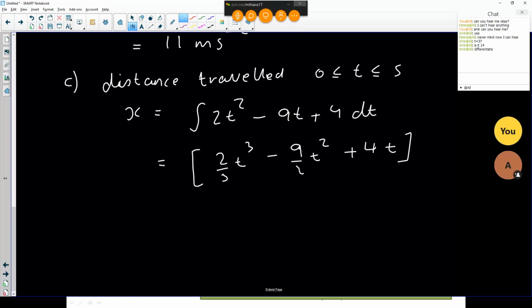That is my expression for the definite integral. Now I need to work out all the individual areas, the 3 individual areas, separately.